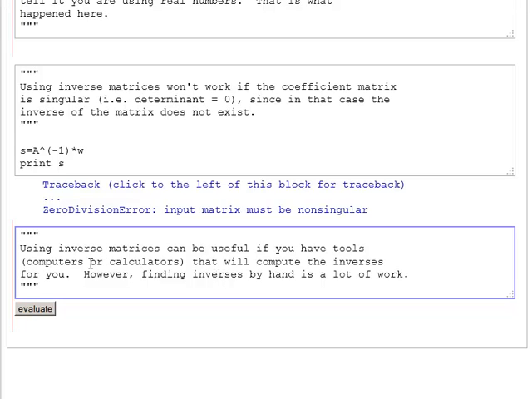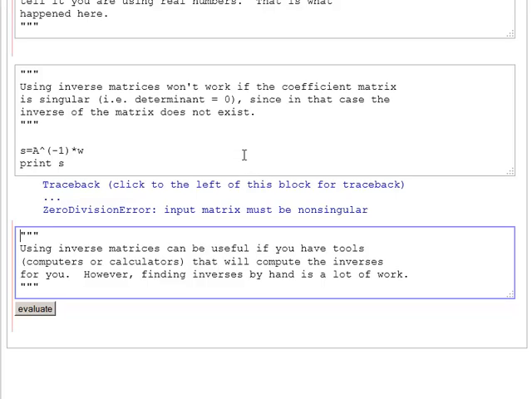I also want to point out that using matrix inverses is computationally kind of an intensive process. I haven't gone through how you compute the inverses here, but if you do it by hand, you'll realize you don't want to do it by hand every time. So typically, matrix inverses, you'd want to have some kind of machine working with you.